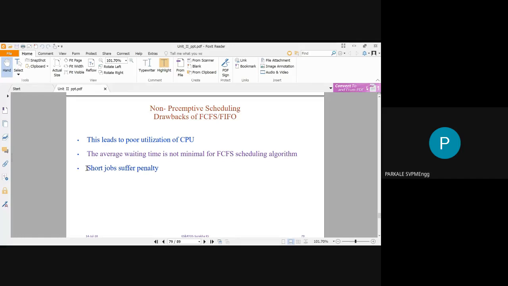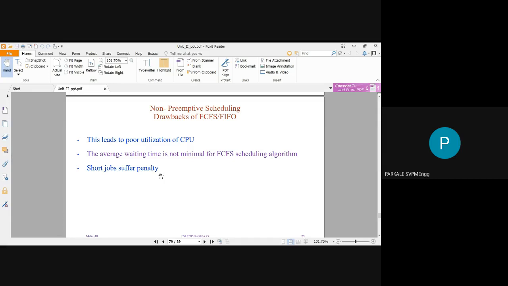One more disadvantage is that short jobs suffer a penalty. What do we mean by this? The tasks which require very little time for execution have to wait for a longer time. For example, I have 4 tasks: T1, T2, T3, and T4, and my last task T4 requires only 1 second for execution.